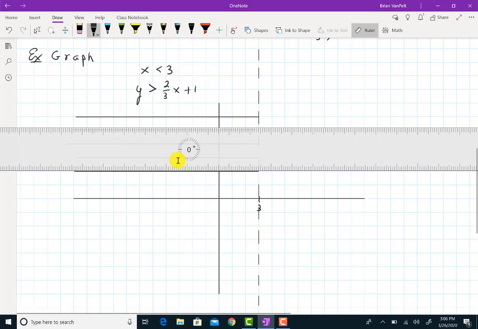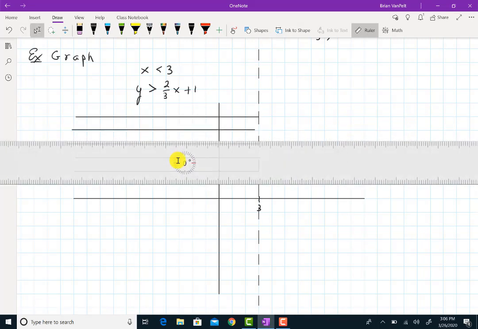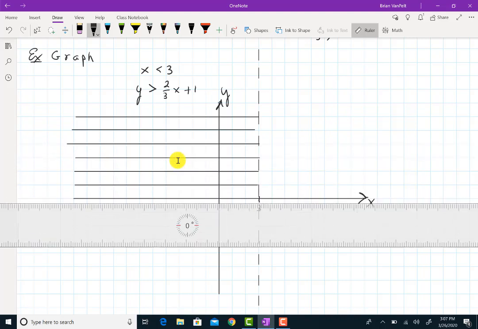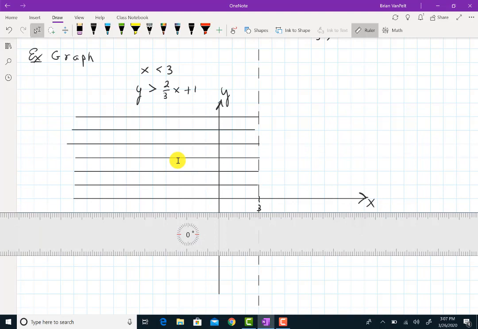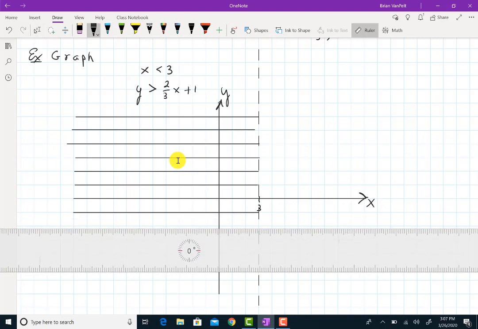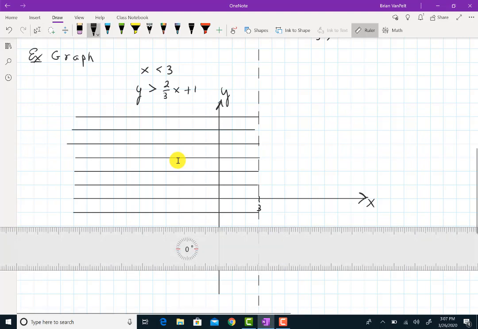And this ruler does get easier to work with once you are practicing with it. And one thing, since last time it disappeared from me, let me put my y and x axes so I don't forget those. So all of these points that I'm shading right now have x values that are less than 3.